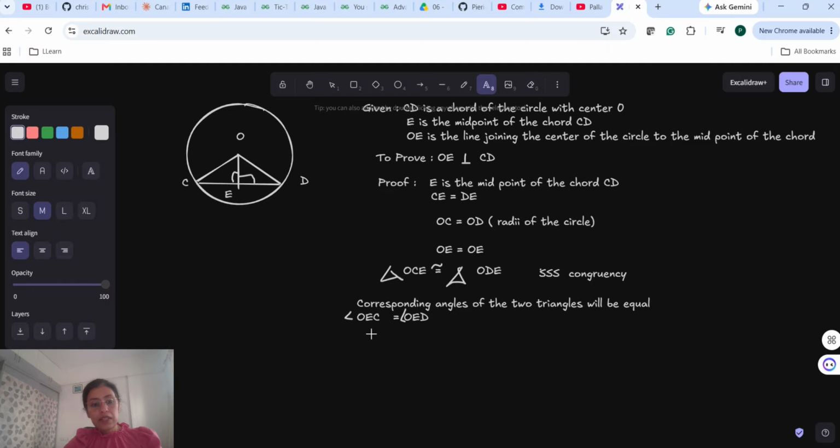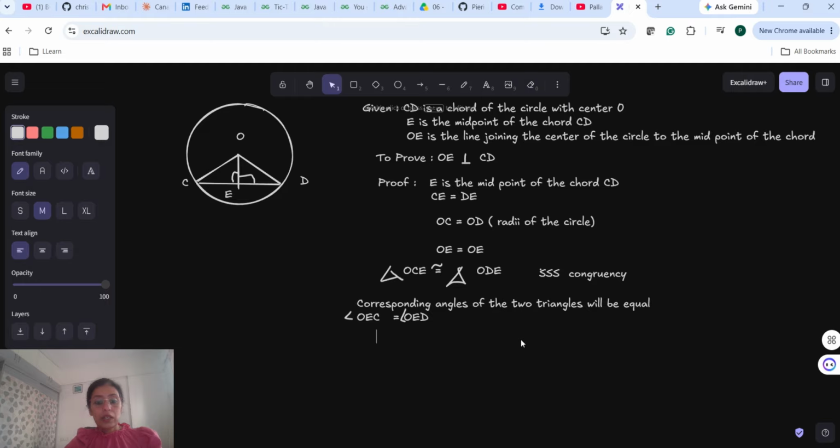And what we see is these two angles are on the same straight line, so the sum of these angles makes 180 degrees. These two angles are supplementary angles. The sum of these angles will be 180 degrees because this is forming a straight line.